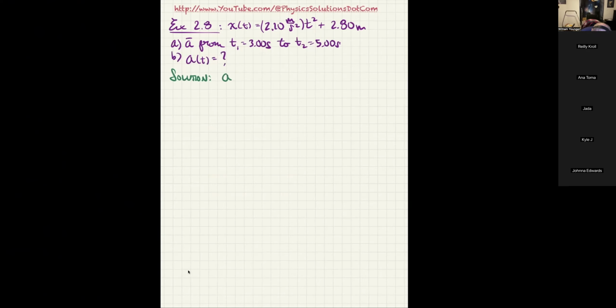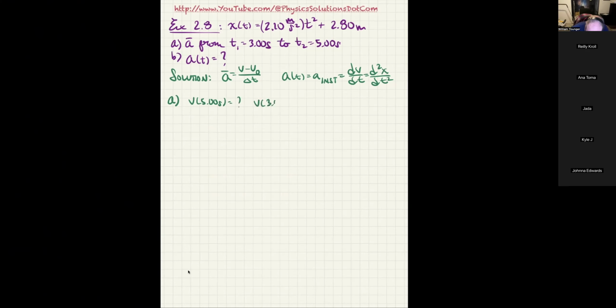What we're going to use here is a bar equals v minus v0 over delta t, and we're going to use a of t equals a instantaneous, which equals dv dt, which equals d2x over dt squared. Starting off with A, I have to calculate the v at a specific time. So I need v of 5.00 seconds and v of 3.00 seconds before I can calculate any of that.